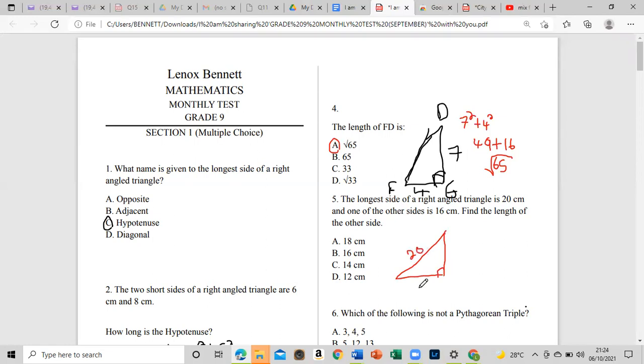The other side is 16. Since we are given the hypotenuse, we're going to subtract: 20 square minus 16 square. Go ahead and work that out before me, guys.